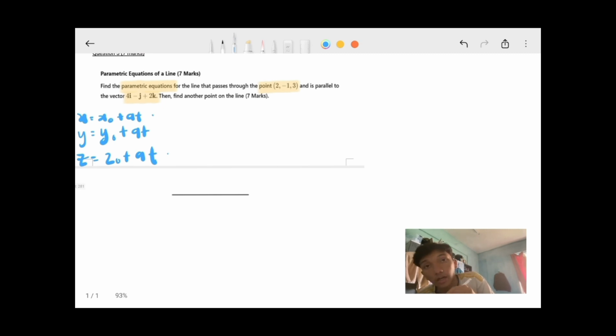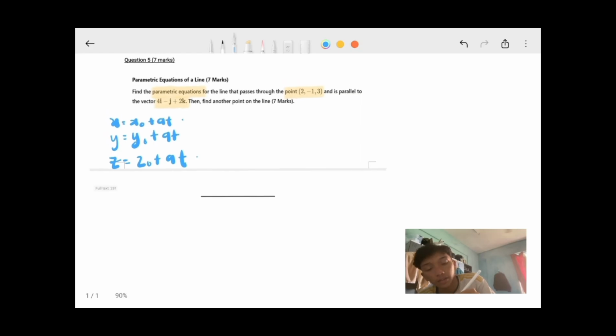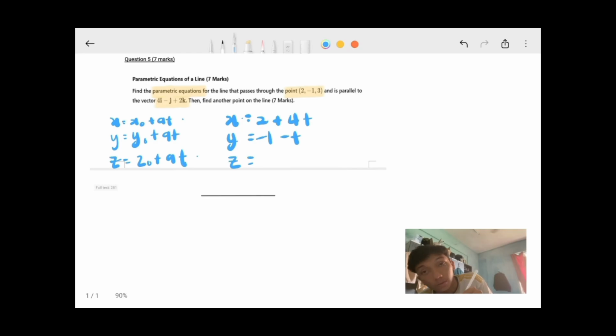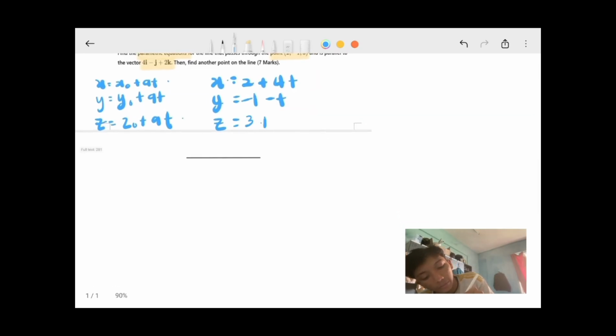First, I rewrite the direction vector in component form, which we have to do first when we want the parametric equation. So substitute the point and vector into the general equation: x equals 2 plus 4t, y equals -1 minus t, and z equals 3 plus 2t.